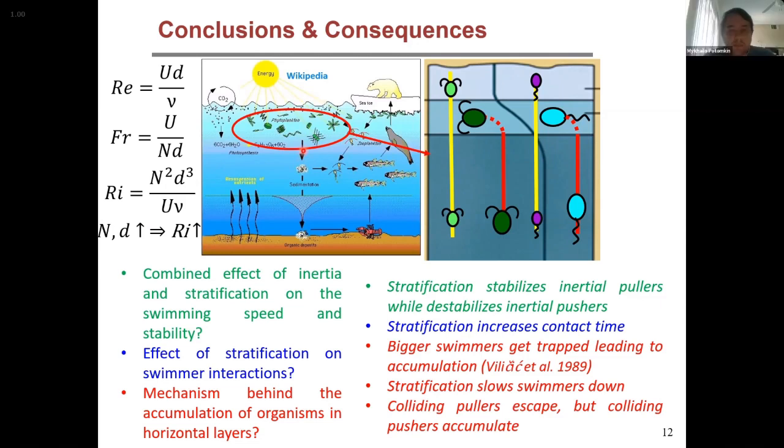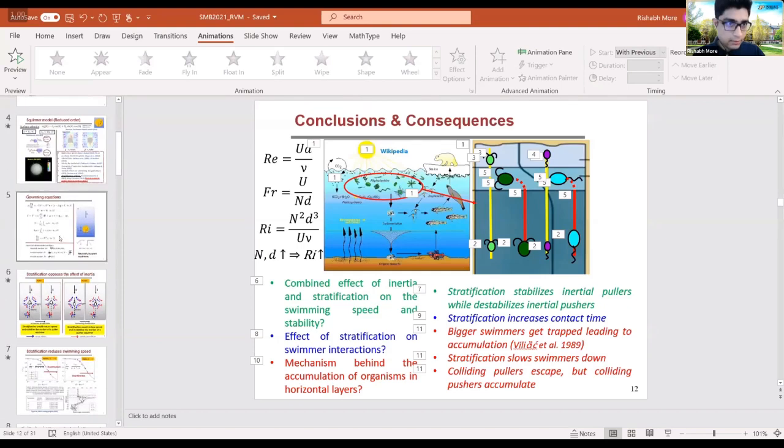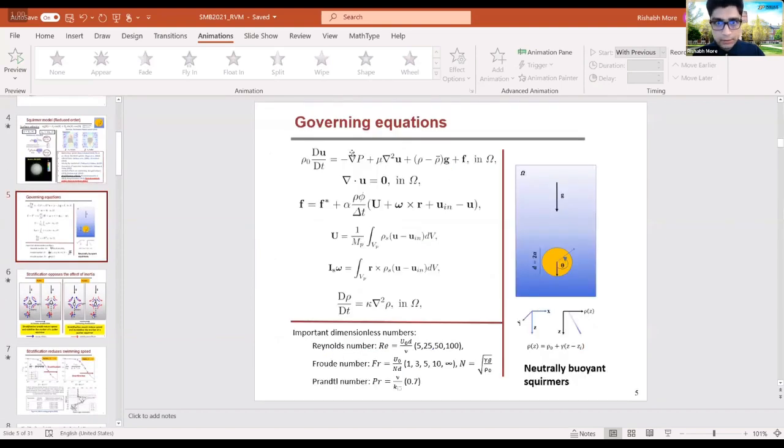And how does it enter the stress tensor? So it does not enter the stress tensor. If you look at the governing equations, we basically use the Boussinesq approximation. So we assume that perturbations or variations in density are only important in this body force term.